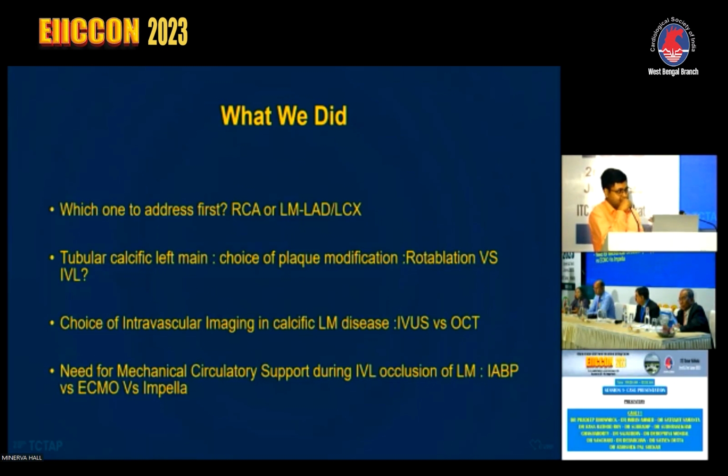But as there was dominant calcium, and we needed to see the thickness of calcium, and also after IVL, we needed to see whether there are cracks or not, OCT was also needed. We had the luxury of having IVUS in our lab, so we did both. And we had IABP ready in the lab with an established line. Thankfully, we didn't require that.